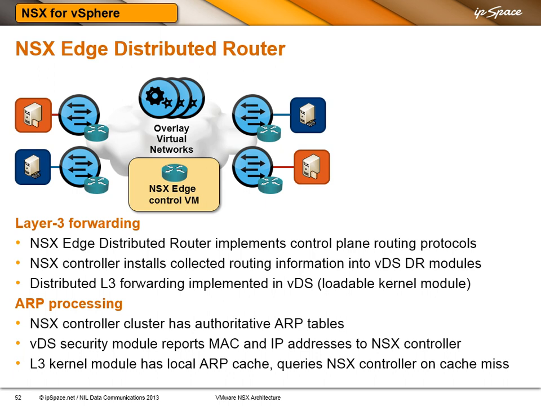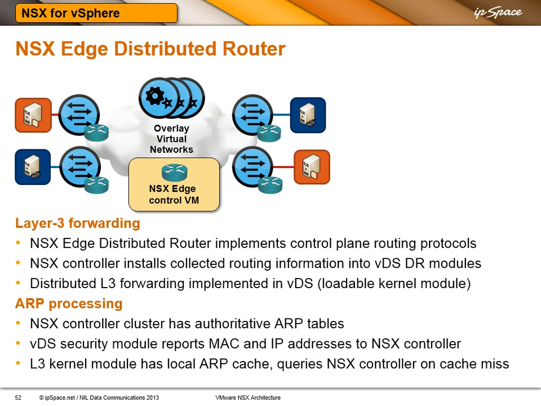And the controller can build the full ARP table for the whole virtual network and then either download that information to the forwarding modules, or if a forwarding module is missing an ARP entry, it would query the NSX controller on the cache miss.